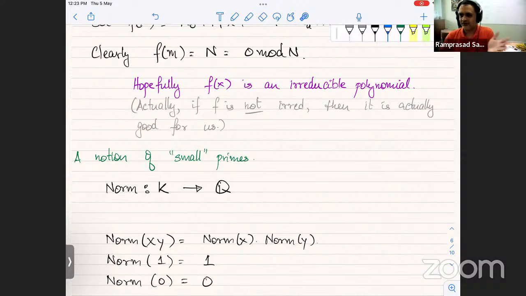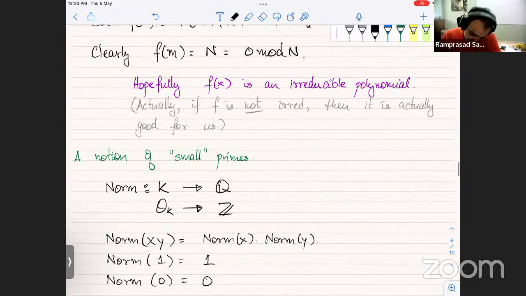Something that will be very useful is that whenever I give it an integer element and ask what is the norm of that, that actually happens to be an integer. So that the norm is giving me some indication of whether I am holding an integer or just an arbitrary number.